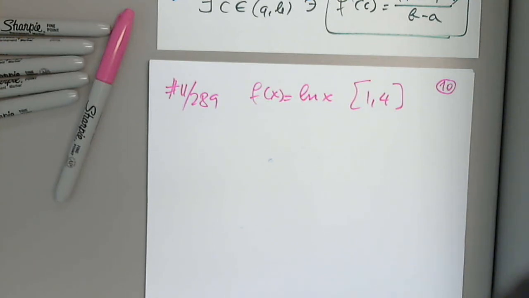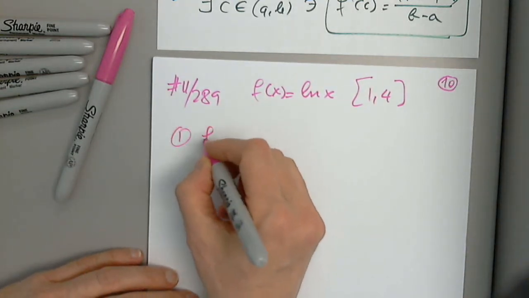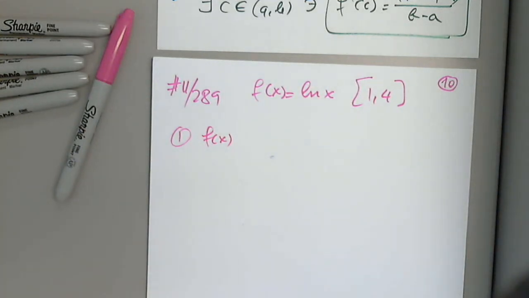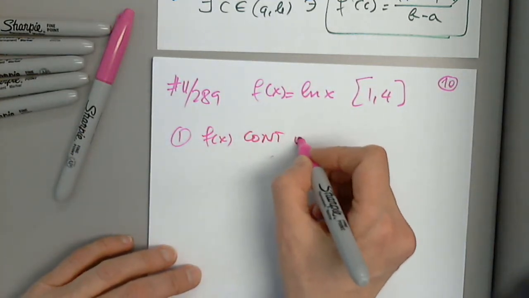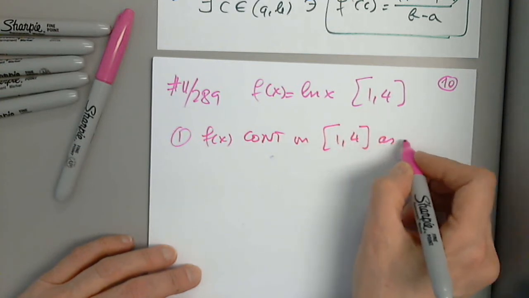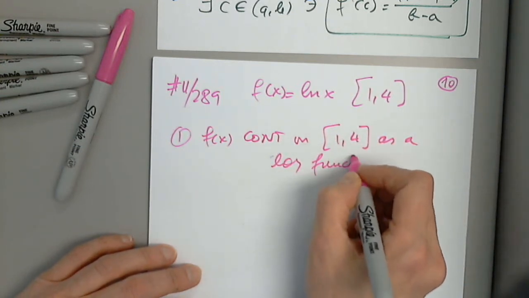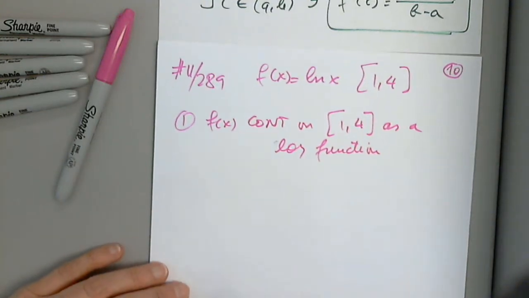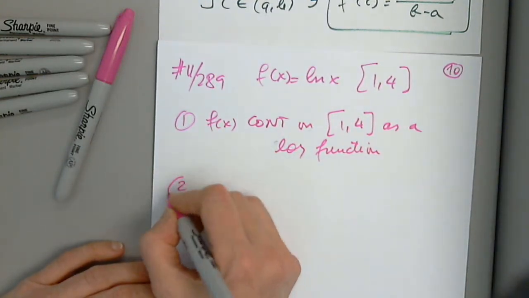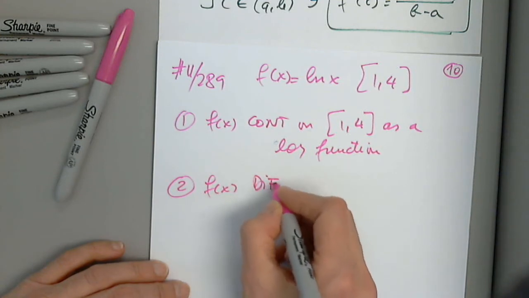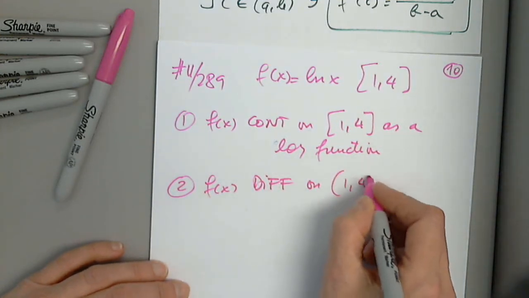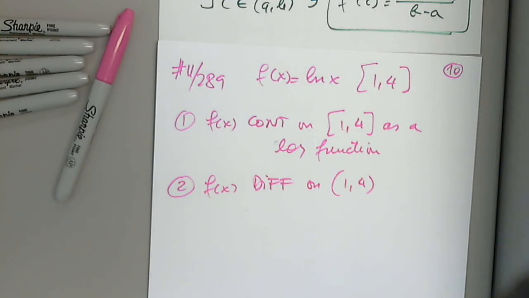We know the graph of this function. We graphed it many times before. What can I say about f of x? Is it continuous on 1, 4? Very good. Continuous on 1, 4 as a log function. Continuous on its domain. Number 2, is f of x differentiable on at least the open interval 1, 4? Yes, there are no corners, no cusps. Yes, that is correct, as a log function.